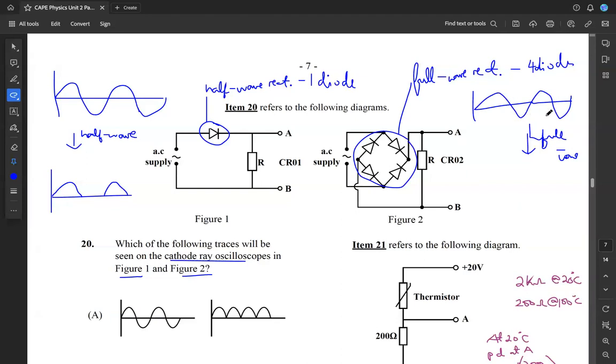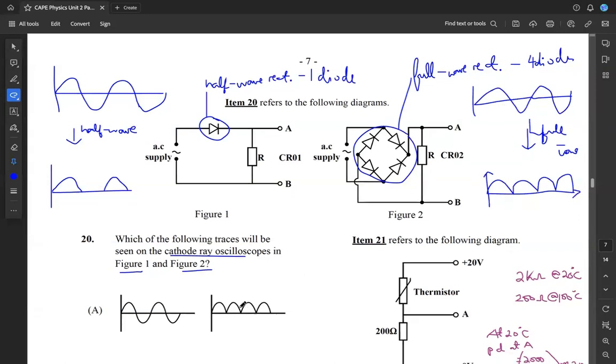Instead of just erasing them altogether, we flip them up to the positive side. And so we end up getting a curve like this. Bam, bam, bam, bam. So we keep the positive parts, and then we flip the negative up. So we end up with this kind of an image on the oscilloscope, right?